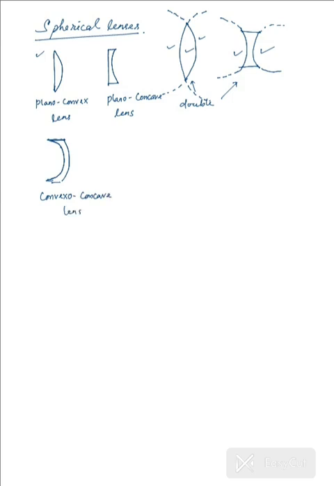And if we have an arrangement of this sort, then this is a concavo-convex lens.